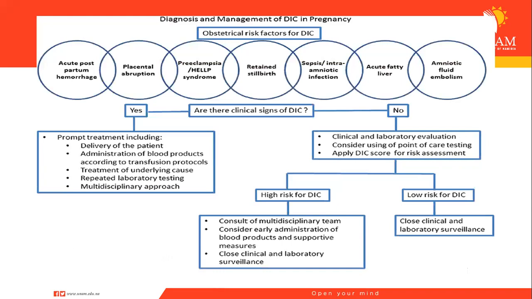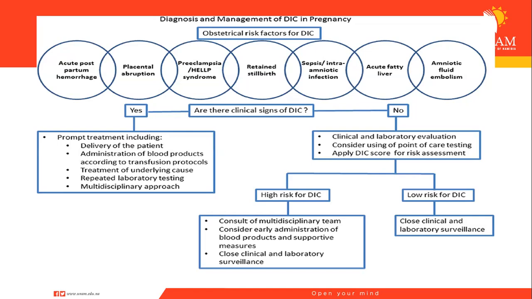All right, this slide shows you a flow chart on how to make a diagnosis and manage DIC in pregnancy. You want to be sure what the obstetric risk factors for DIC are in this patient. Is there acute postpartum hemorrhage, which may lead to consumption coagulopathy?